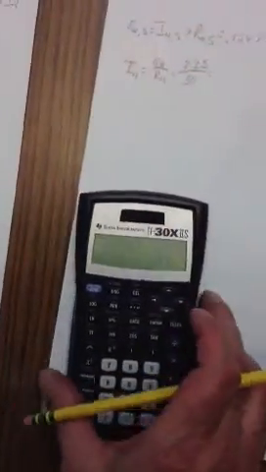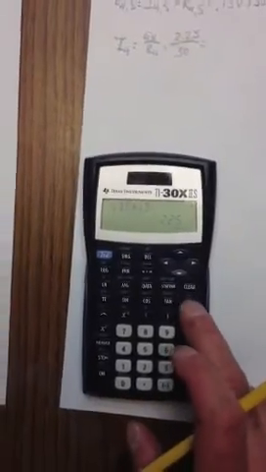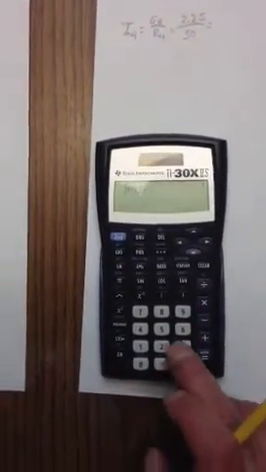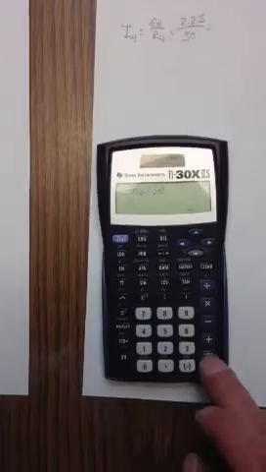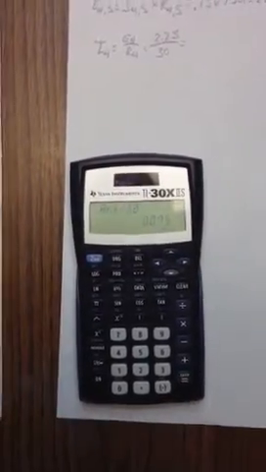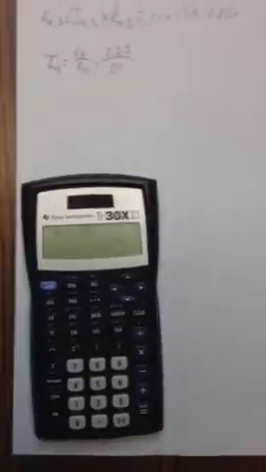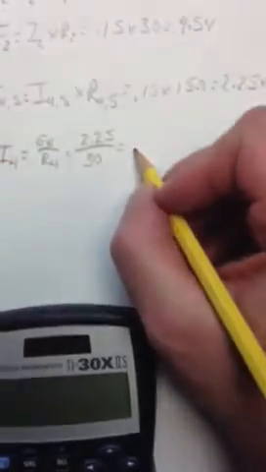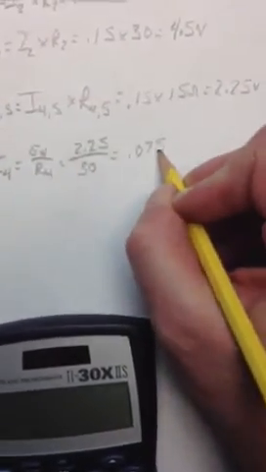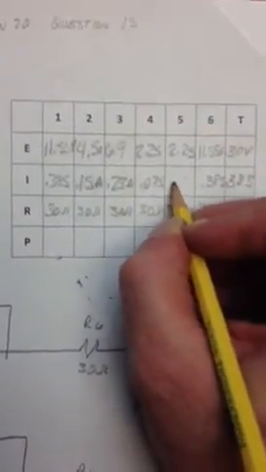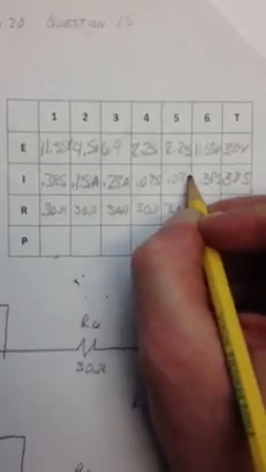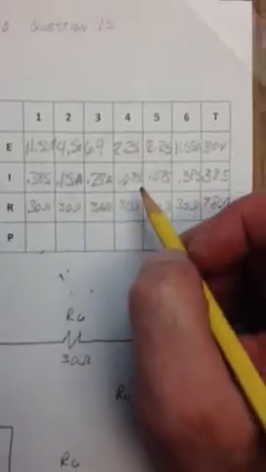Sorry, I stretched my back out. So 2.25 divided by 30 ohms, and I got 0.075 amps, which should make sense. That means I've got 0.075 here and 0.075 here.